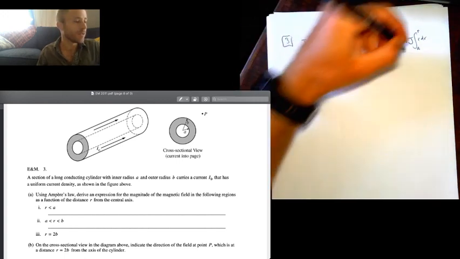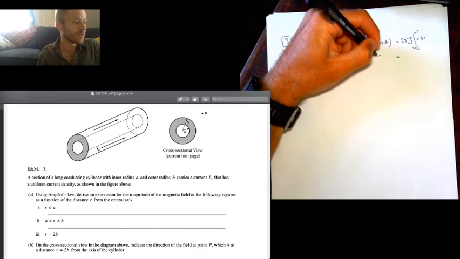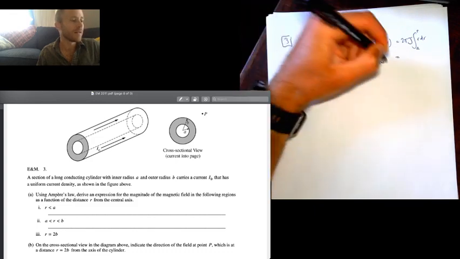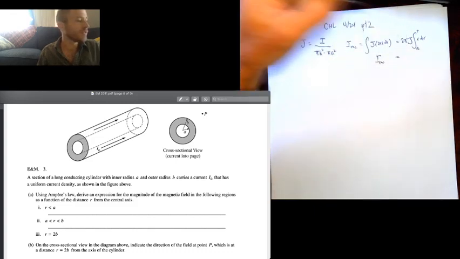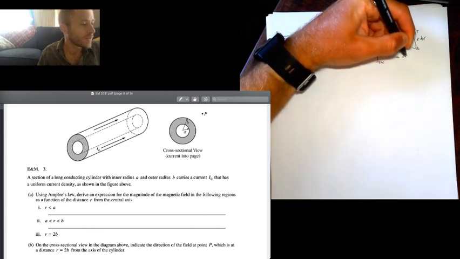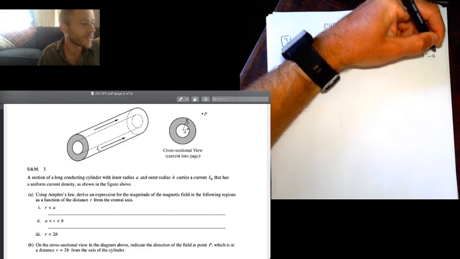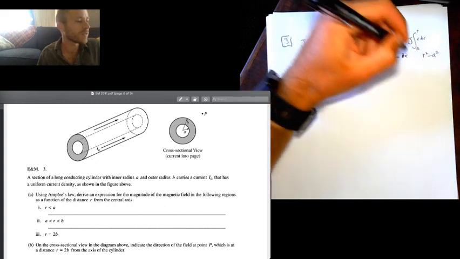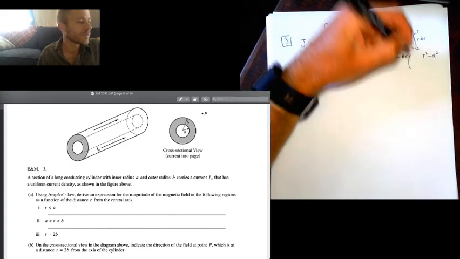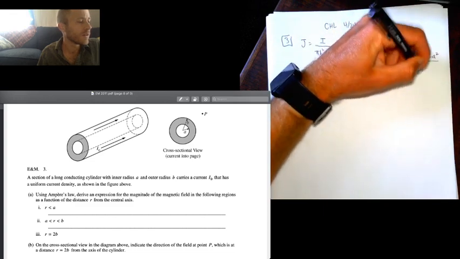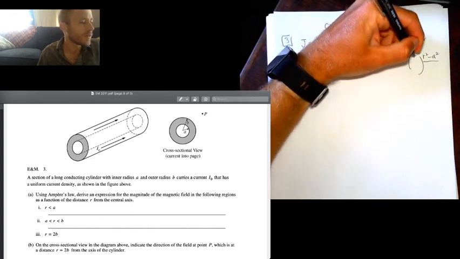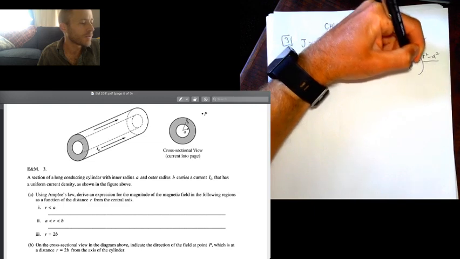So basically our current enclosed is going to be pi times r squared times I over pi b squared minus pi a squared.